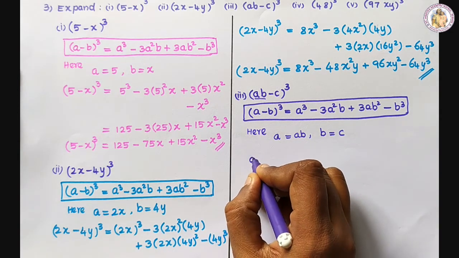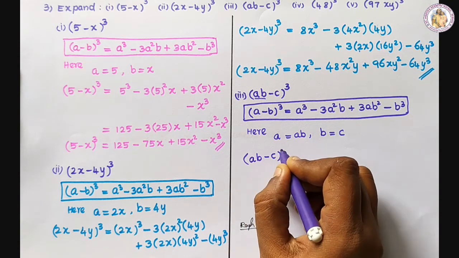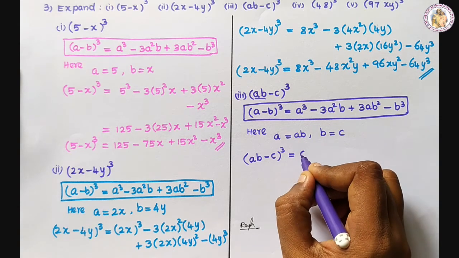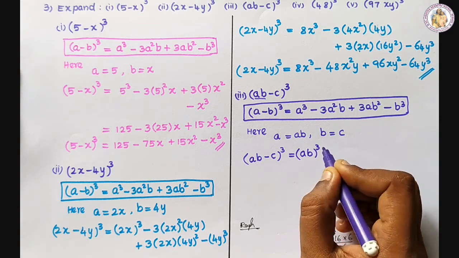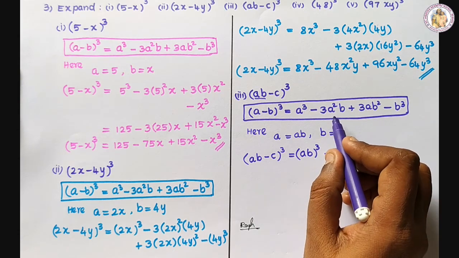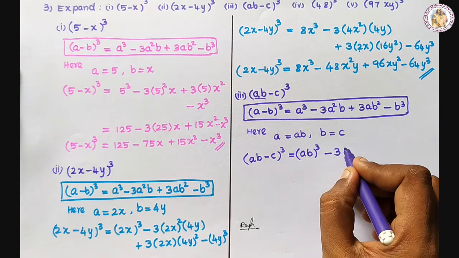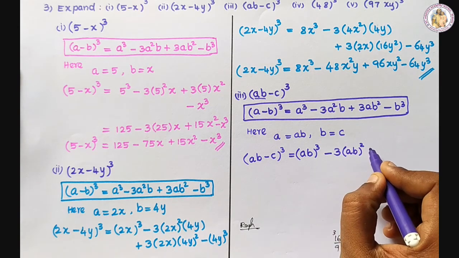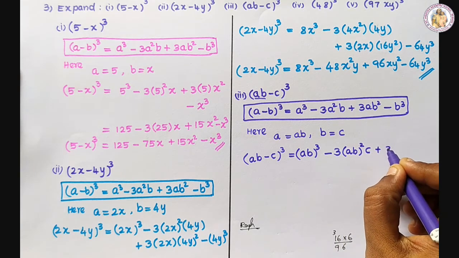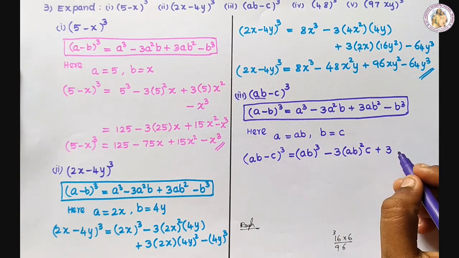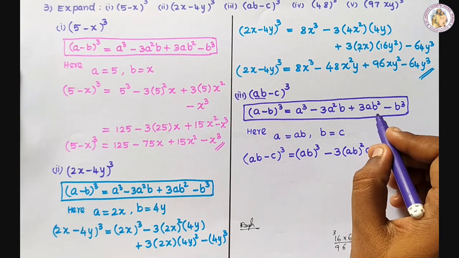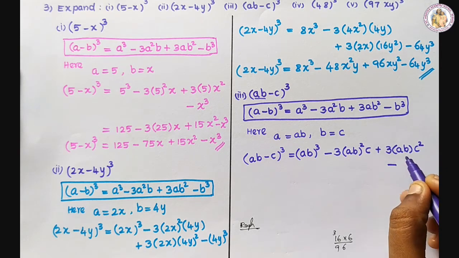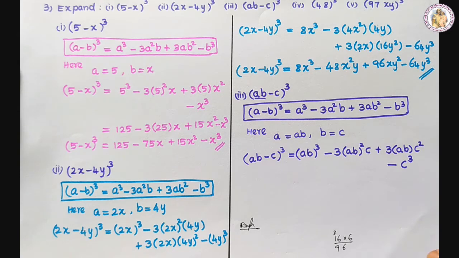Substitute the values. ab minus c whole cube equal to a cube means ab whole cube, minus 3 into a square, that is ab whole square, into b is c, plus 3 into a is ab into b square means c square, minus b cube, that is c cube.